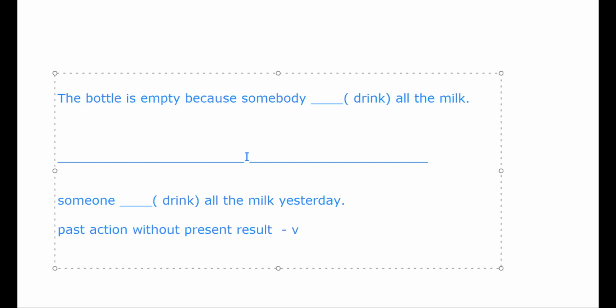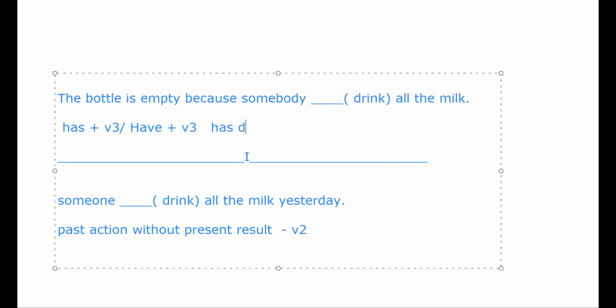If I mention a past action with the present result, you have to use HAS plus V3 or HAVE plus V3. Okay, the bottle is empty because somebody has drunk all the milk.